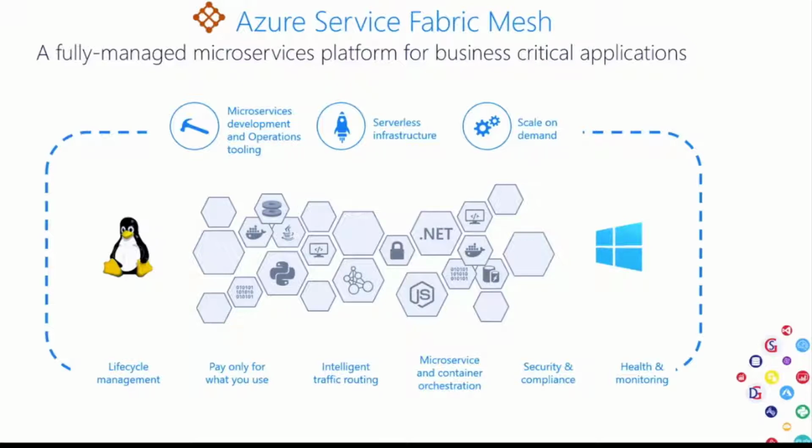Here is the Azure Service Fabric Mesh that allows us to manage the microservice platform, where we see all the services working together in the backend. This is the actual service mesh that allows us to see all the features that work there.